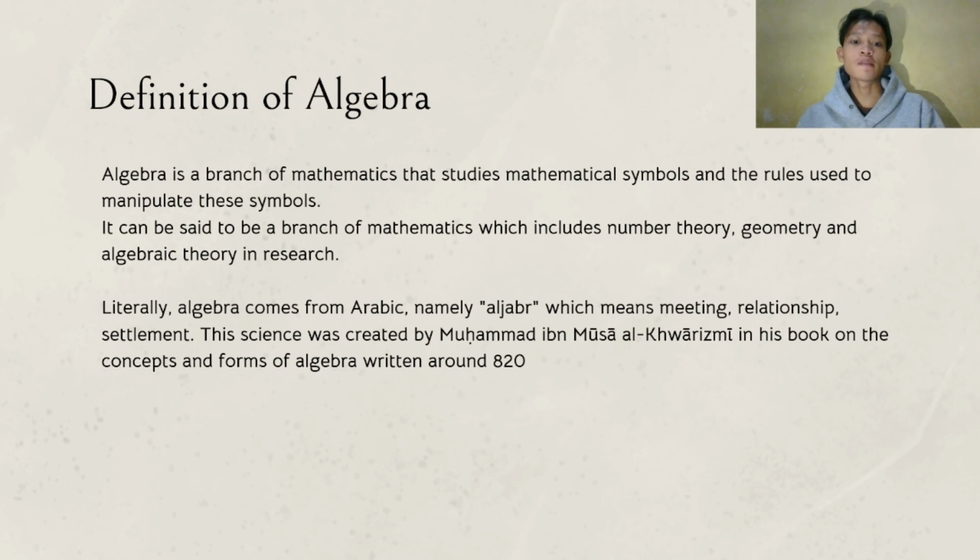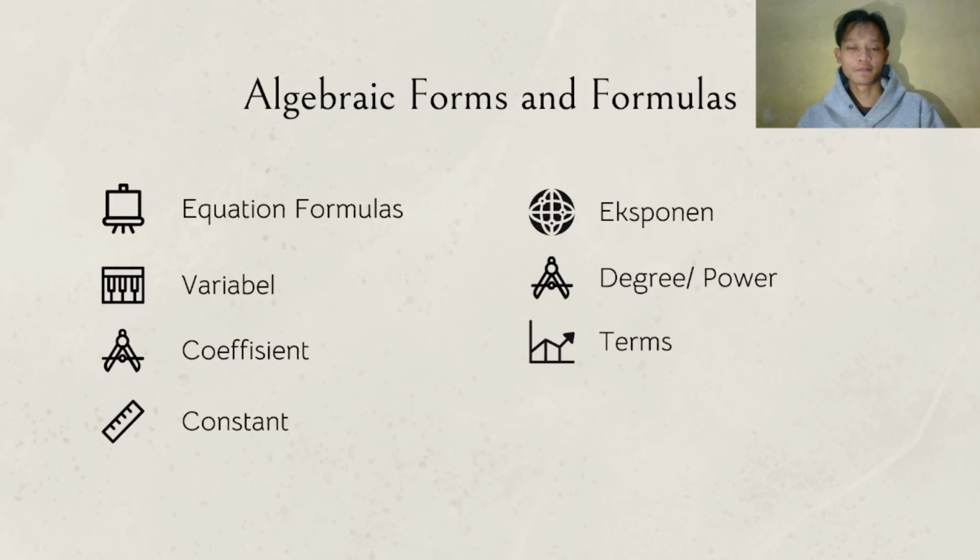Literally, algebra comes from Arabic, namely al-jabr, which means meetings, relationship, settlement. This term was created by Muhammad ibn Musa al-Khwarizmi in his book on the concept and form of algebra.